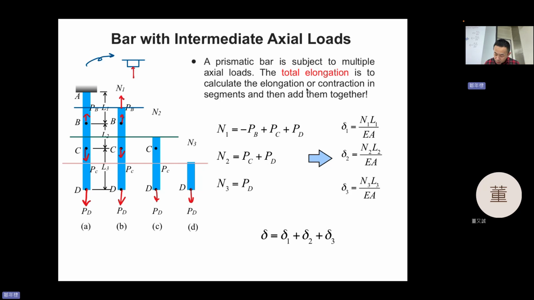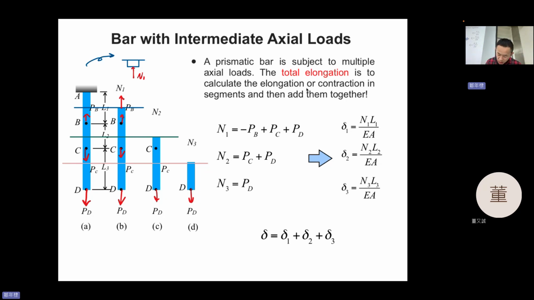Still N1 here. I assume it is upward, positive. So for every force I want to determine, I just assume it is upward. It's okay.